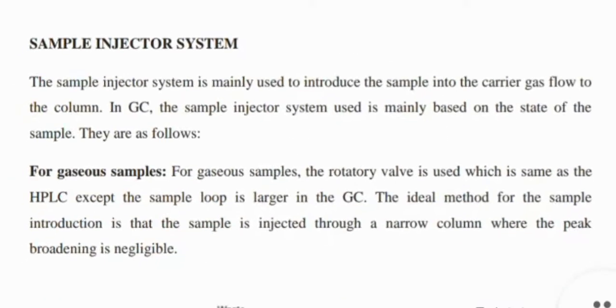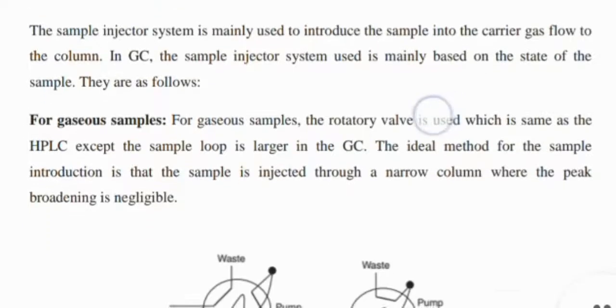Sample injector system. The sample injector system is mainly used to introduce the sample into the carrier gas flow to the column, and in gas chromatography, the injector system used is based on the state of the sample. For a gaseous sample, a rotary valve is used, which is the same as in HPLC, except the sample loop is larger in the GC. GC is gas chromatography.